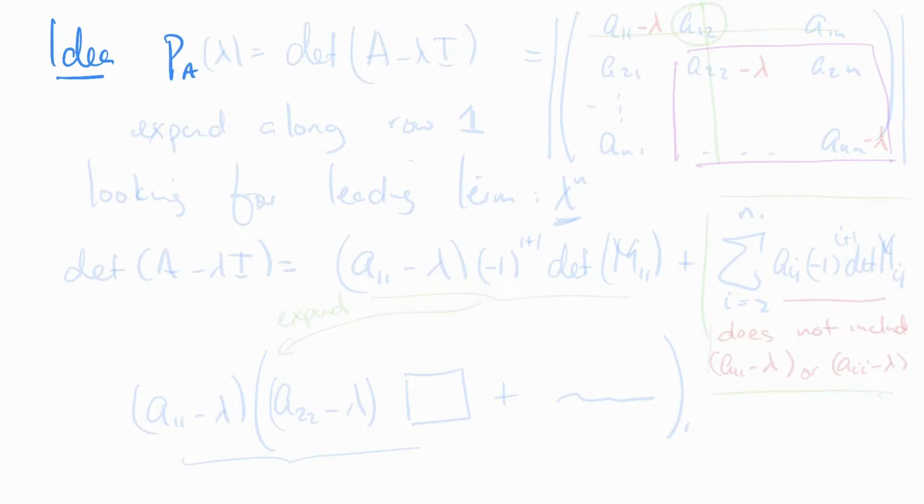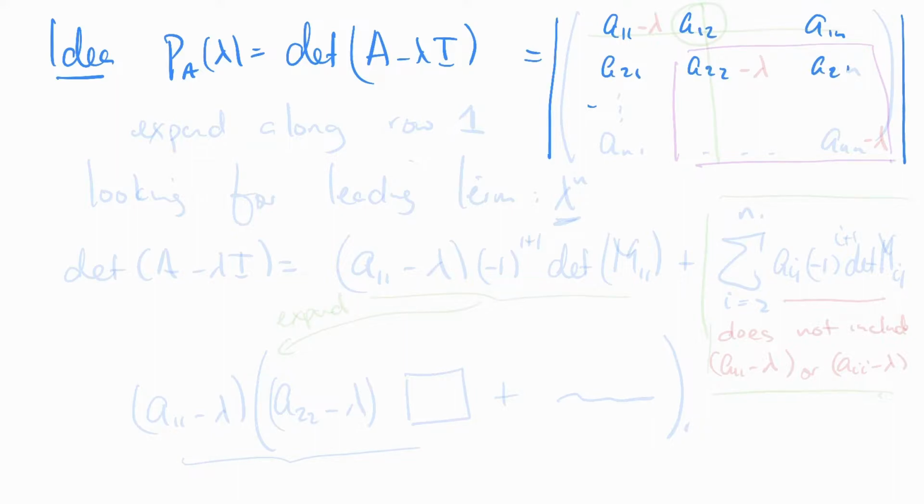This polynomial is the determinant of A minus lambda I, which of course is just going to be the matrix A, A11 through A1n, A12, A21, A22, A2n, all the way down to An1, Ann. And since we have, of course, minus lambda I, along the diagonal we've got minus lambdas.